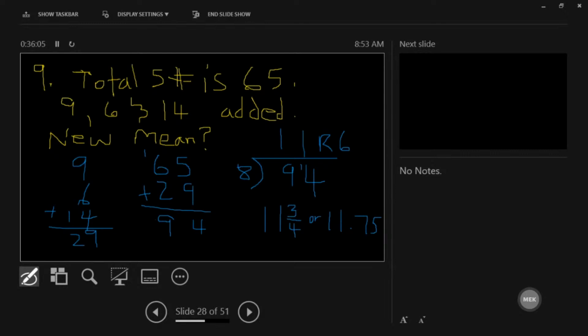So John, you had said, okay, so John got 11.75. So Najaro, why are you dividing the 94 by 7? It's 8 numbers. Okay, so you just changed it. Right, because remember there were 5 numbers first. We're adding 3 new numbers. So now it's 8 numbers.